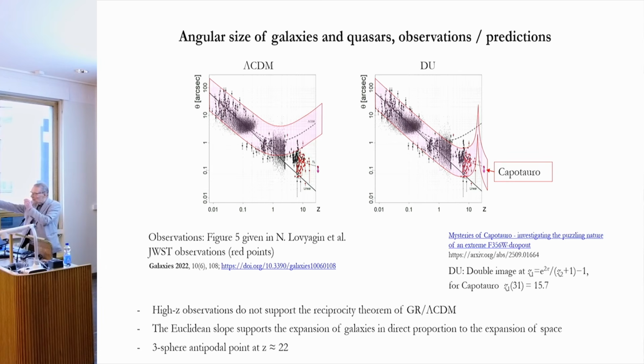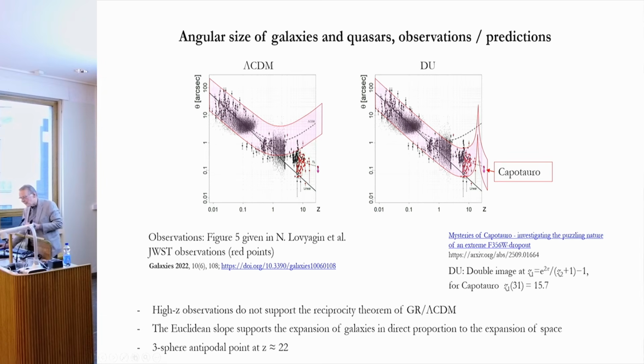And it means that on either side of that point we should be able to look at the same object this way and this way.